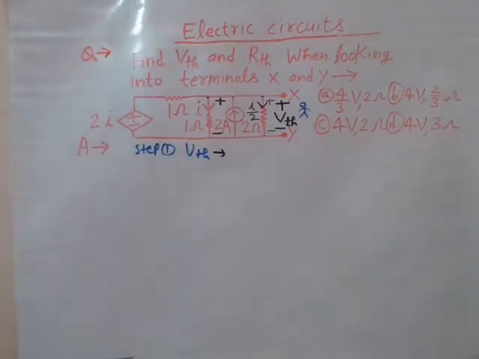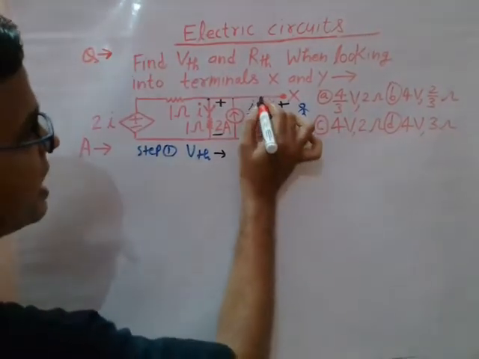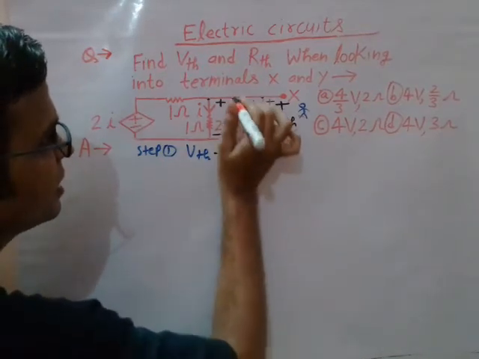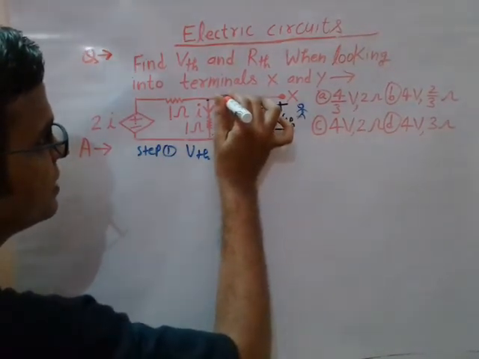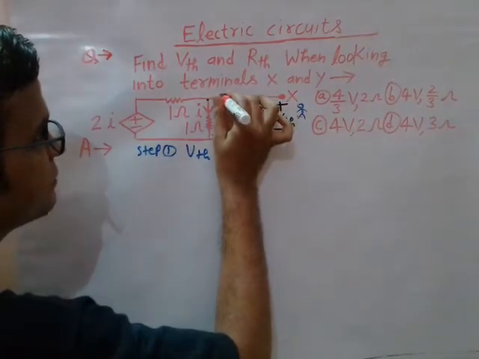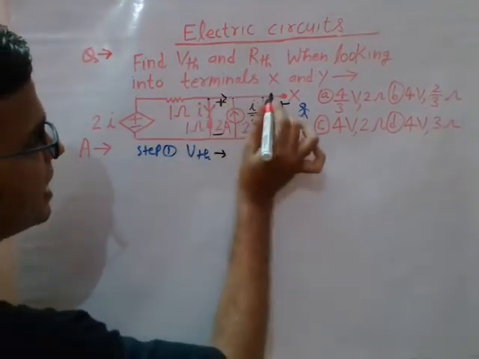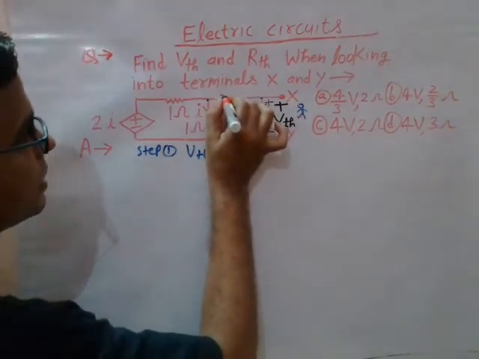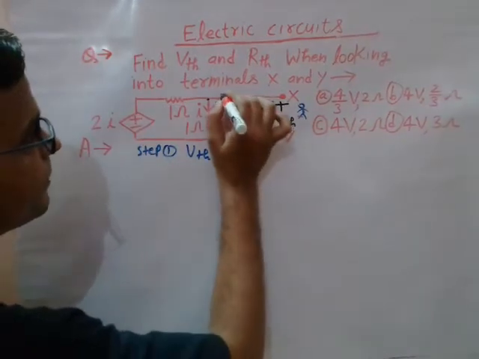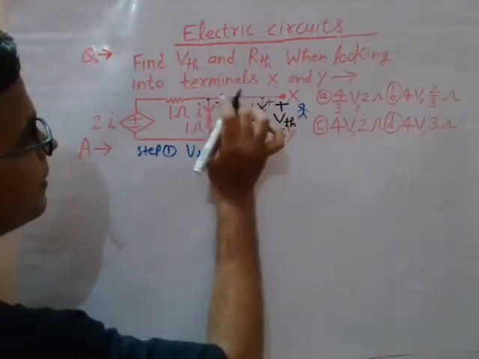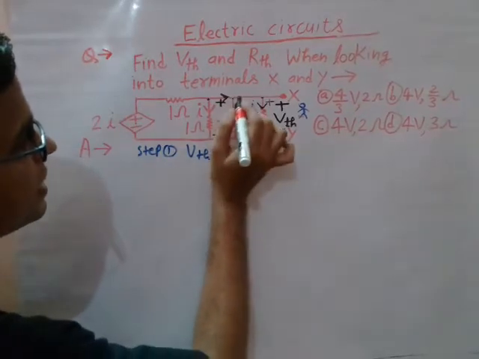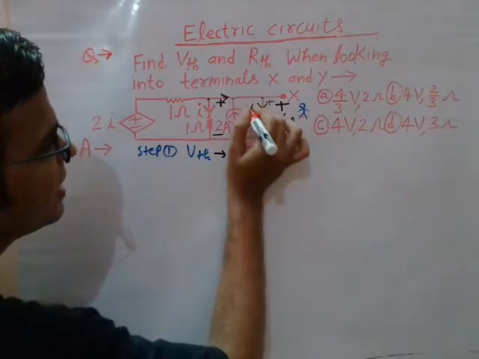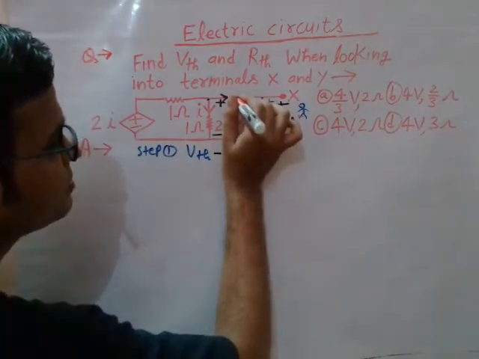Now I by 2 is the current flowing in this branch, and 2 ampere current is coming from here. If I ask you, tell me what is the current in this branch. Suppose the current in this branch is flowing like this, and I am assuming this polarity, right? So if you analyze, apply KCL, Kirchhoff's current law, at this node.